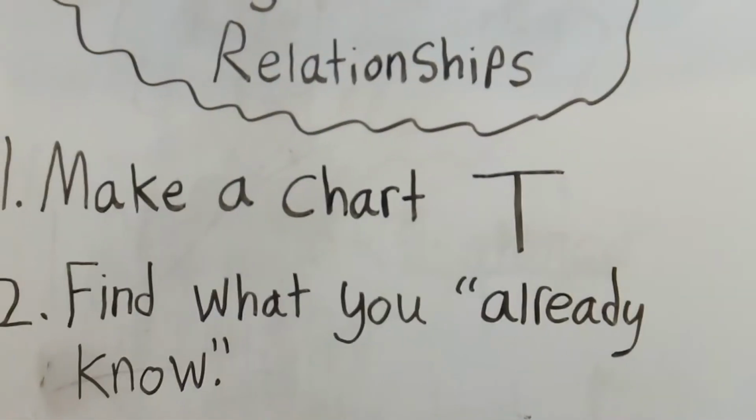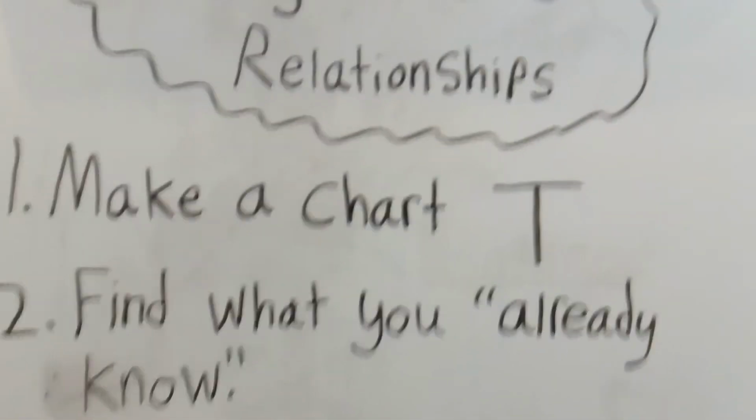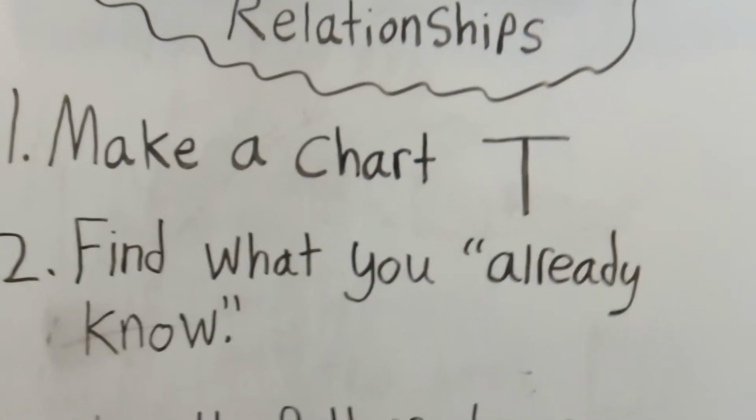So let me trade off. Okay, so I know from step number one that I need to make a chart. So I'm going to take my pencil and draw a line. And then I'm going to draw another line going down.